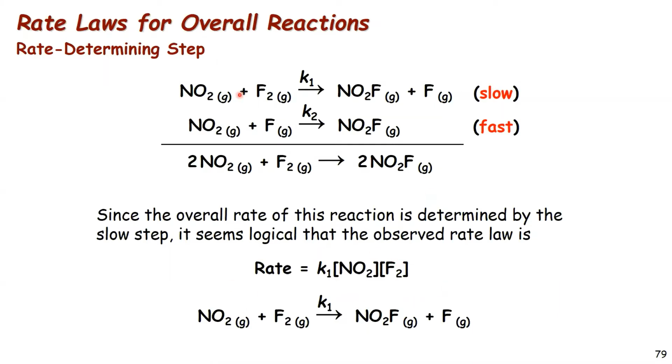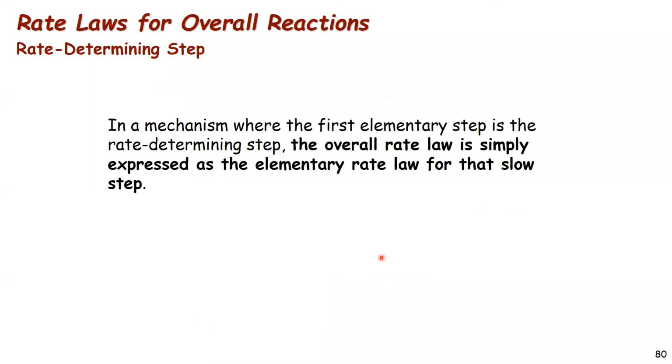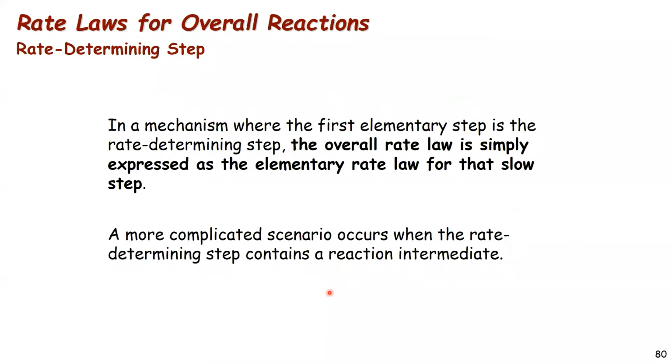When your first step is your slow step, you don't have to worry about that because it's always just going to be the reactants anyway, or the catalyst, and we're always going to see them in the reaction. So we know that both of these exist in the overall reaction. So there it is. That then is going to be the rate law, okay?